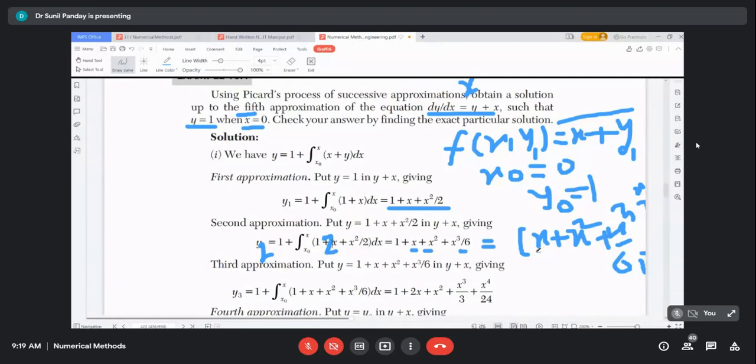Substituting x, you will get x plus x square by 2 plus x cube by 6.